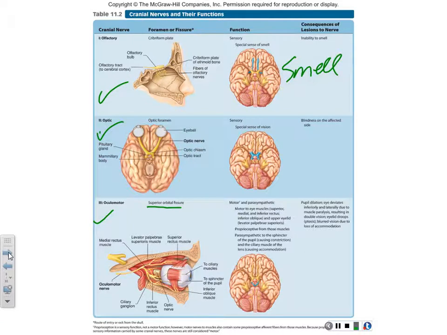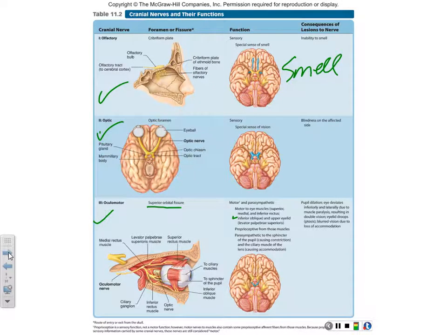Okay, so the oculomotor is one that provides motor to those muscles of the eye. Like I was saying, the medial rectus, the superior rectus, and the inferior rectus, and the inferior oblique. They're all controlled by the oculomotor.